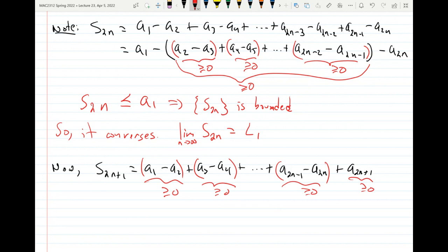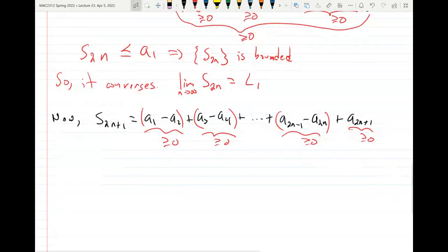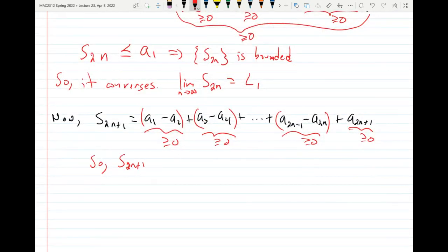If you move to the next one, you just need to throw in an extra pair here, the even and the odd. And you're just adding positive stuff. So S2n plus 1 is monotonic, non-decreasing.